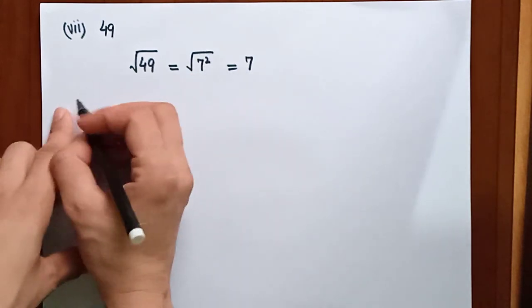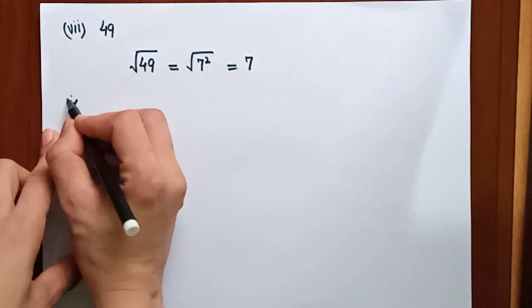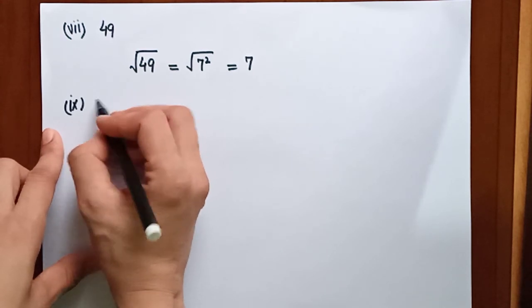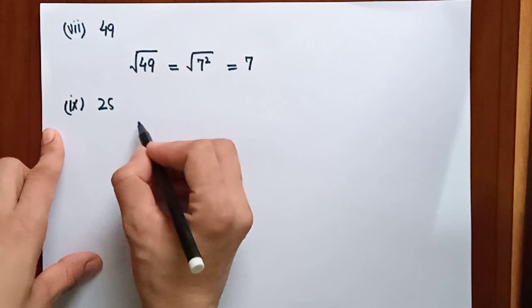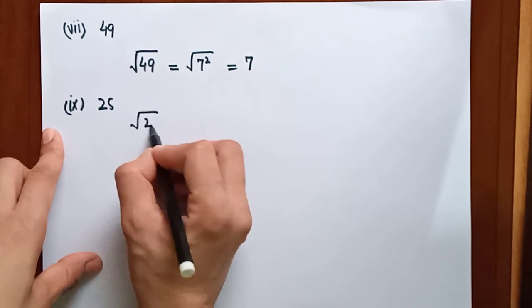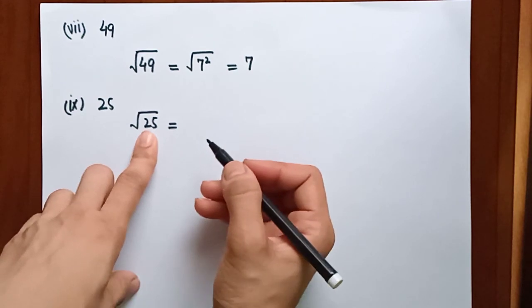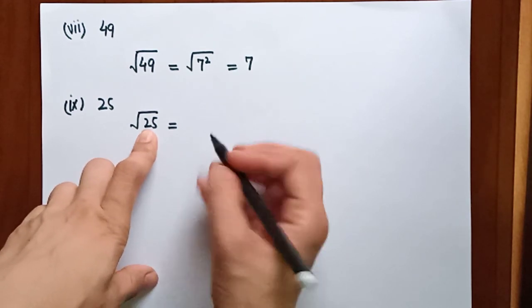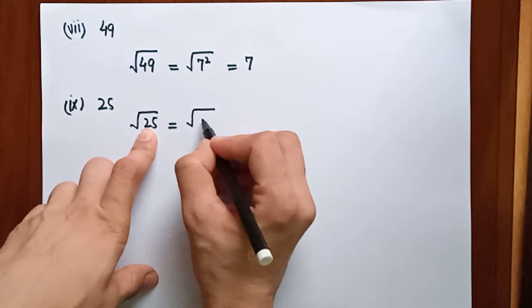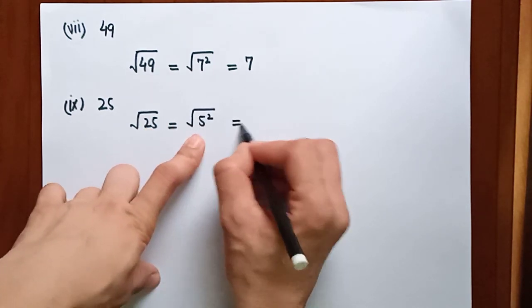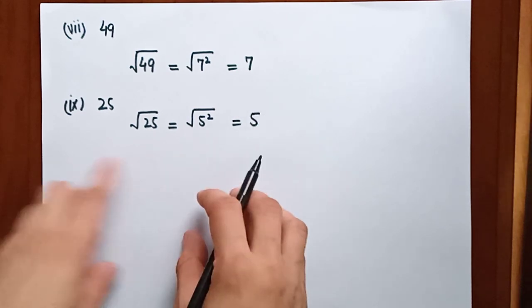Okay. The next number is the ninth part, 25. Now square root of 25. We know that 25 is the square of 5. So we write it as 5 square. Square root cancels, we have 5.